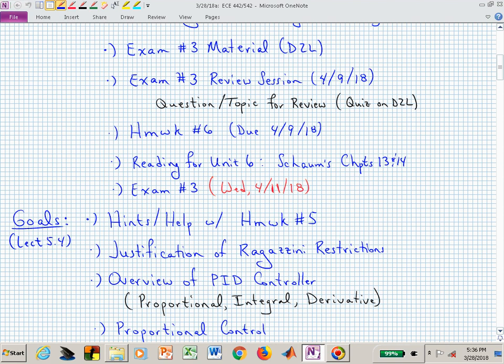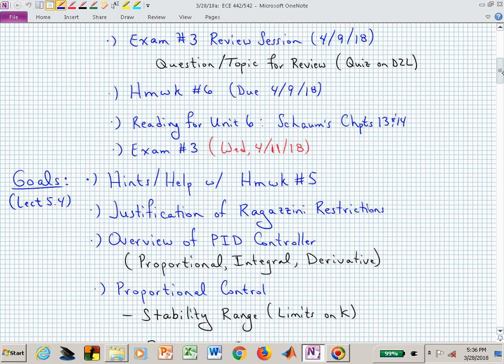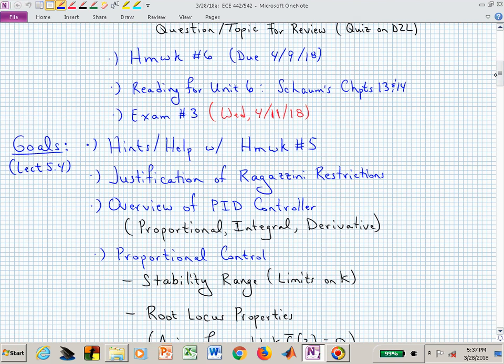The drawing of the root locus is the same. It's just you obviously have different regions to worry about for discrete time versus continuous time. And we'll get into that with unit number 6. And I hope I don't have to remind you too much, but our third exam is 2 weeks from today.